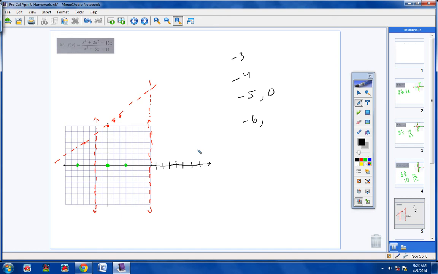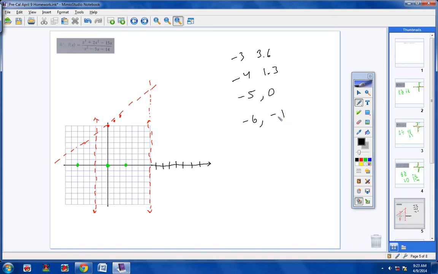Let me quickly go to my calculator and get the right function loaded up here. And here we go. Let's take a look at negative 3. I will have 3.6. Negative 4 will give me 1.3. Negative 5 is 0. And negative 6 is negative 1.